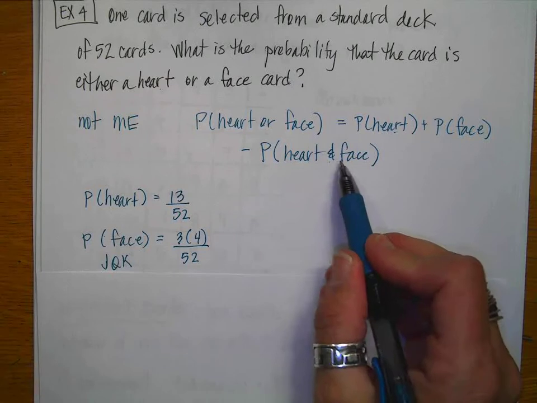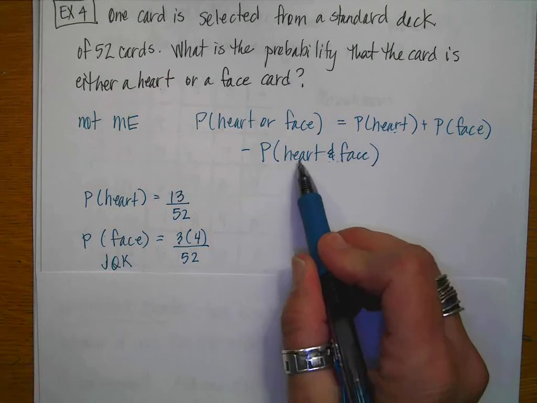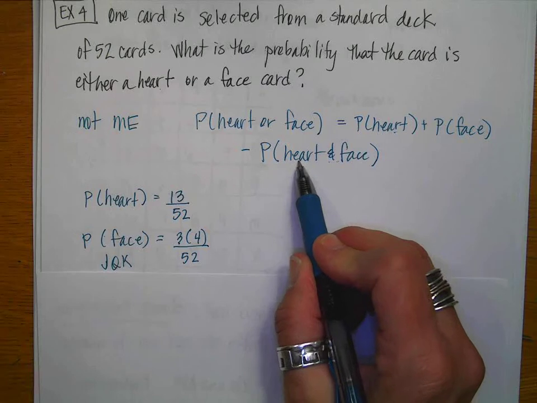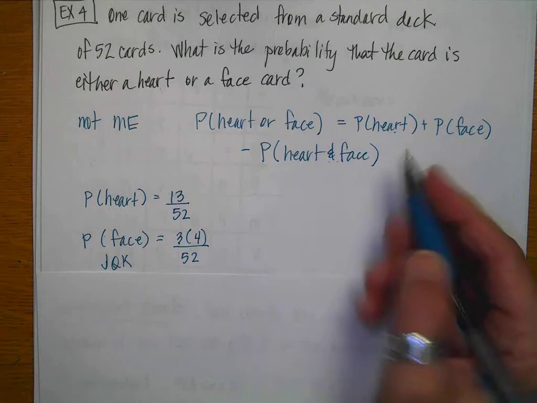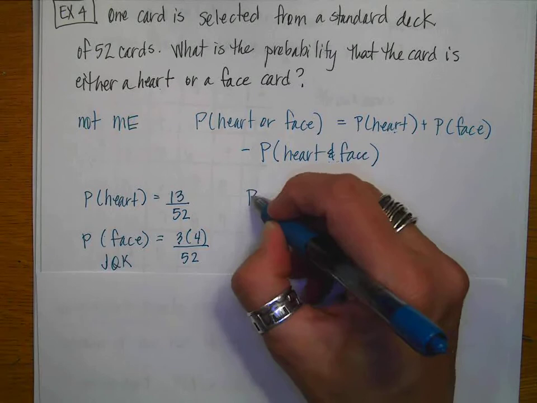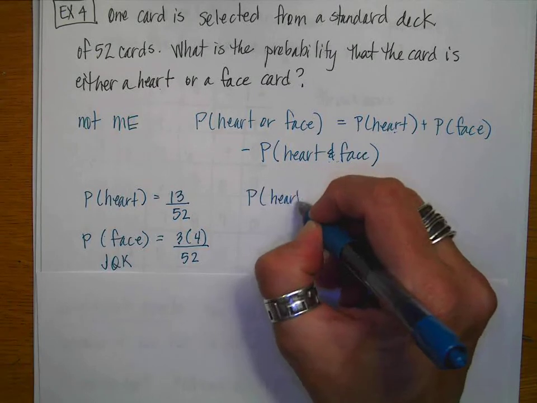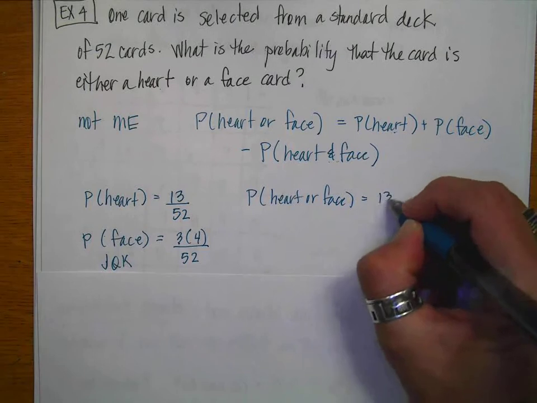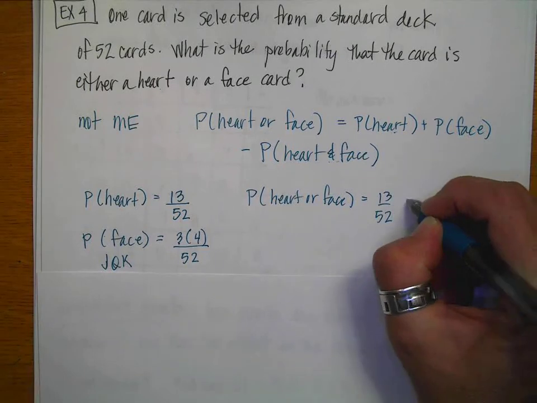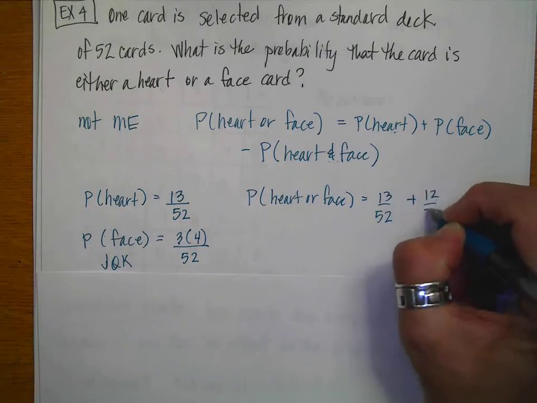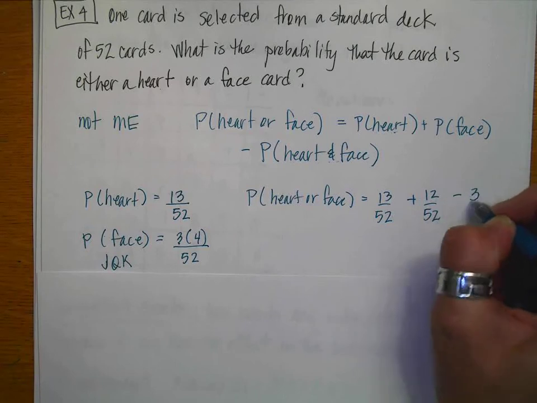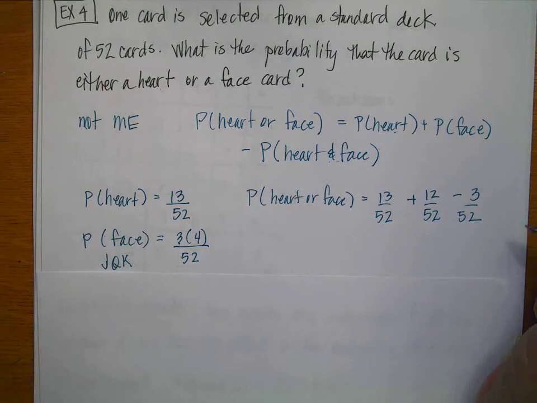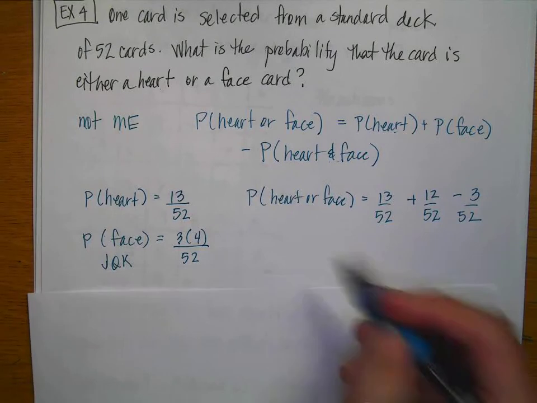Okay? All right, and then the probability of both of these, so there are going to be 3 face cards that are hearts. So my probability of heart or face is going to equal 13 over 52 plus 12 over 52 minus the overlap, 3 over 52, okay?